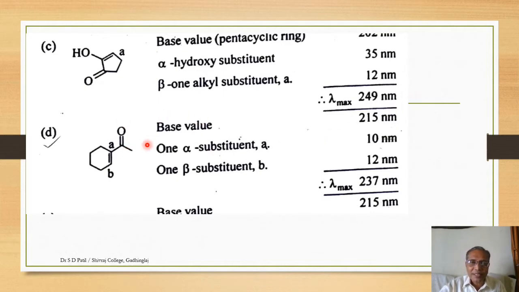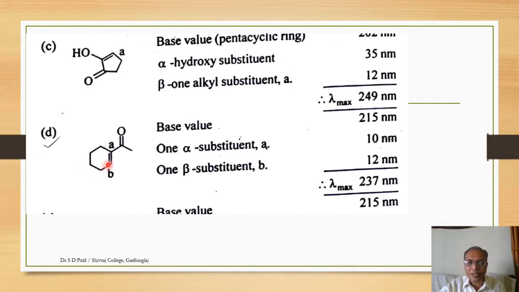In the next case, the enone is acyclic. The base value is 215 nanometers. Next, it has one alpha substituent, carbonyl carbon. This is the double bond in conjugation. So represented by A, there is one alpha substituent, and at beta position there is one alkyl substituent.